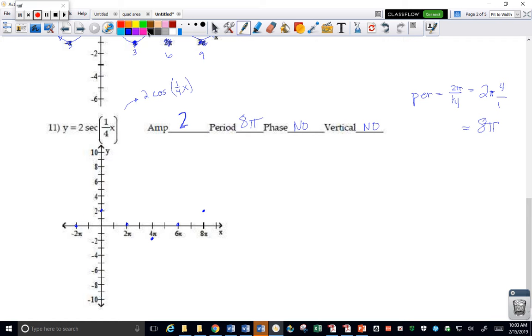So from those points, now we graph our secant. Everywhere cosine has a 0 or intersects your midline, the secant has an asymptote. So at all these places where cosine crosses the x-axis, secant is going to have an asymptote.